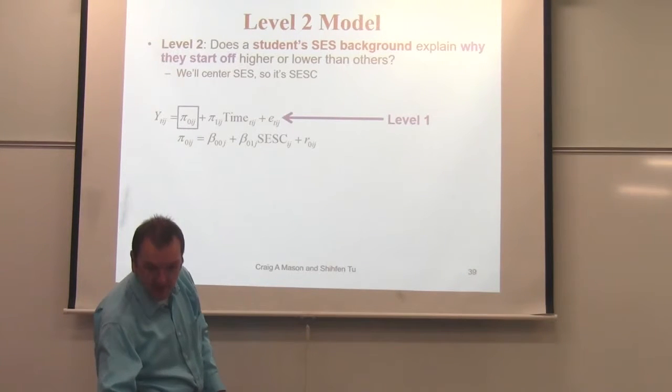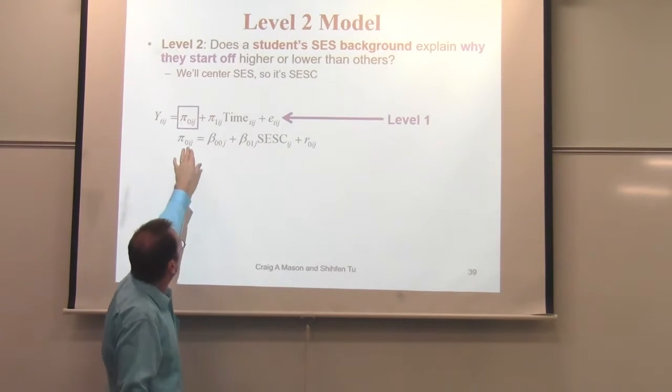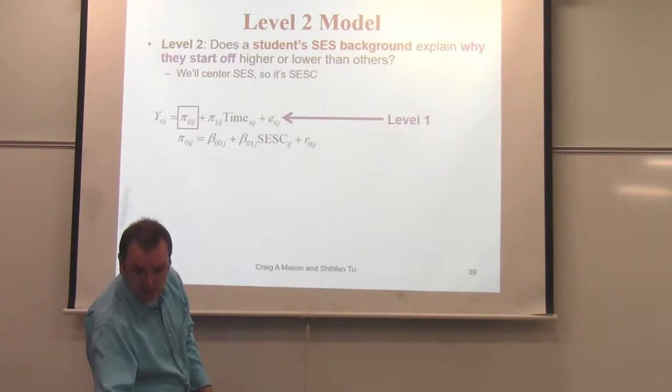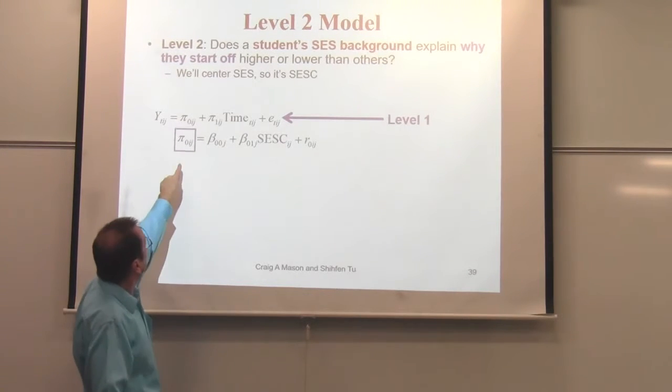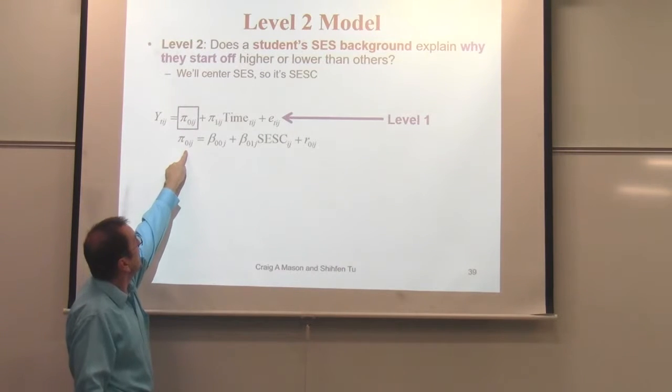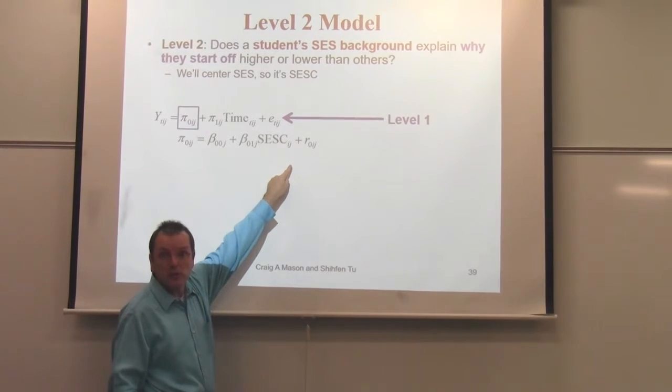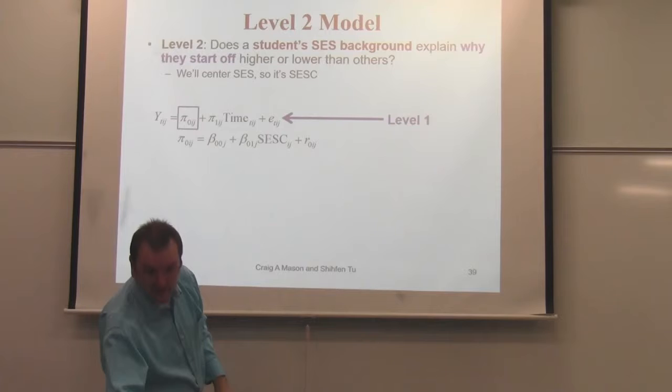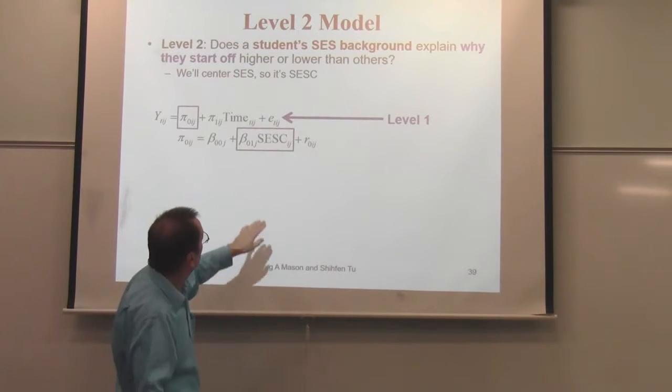So what we're going to do is take that pi 0j, and notice we're now making it an outcome for a whole new regression equation. This is our level 2 model.